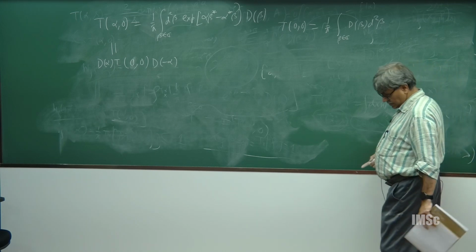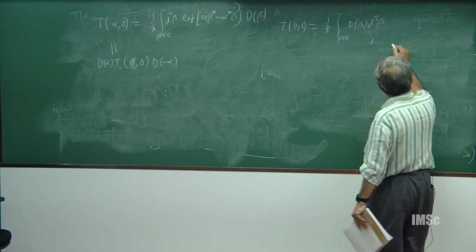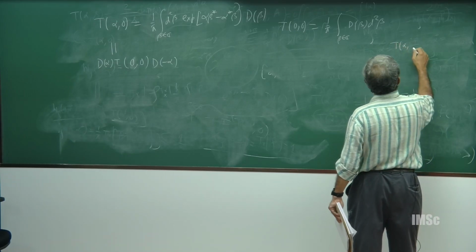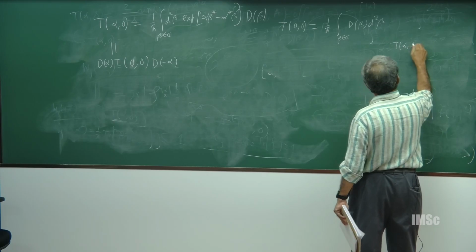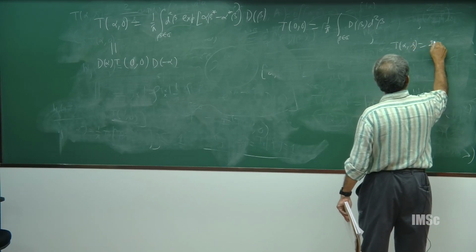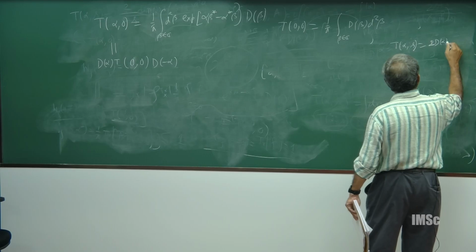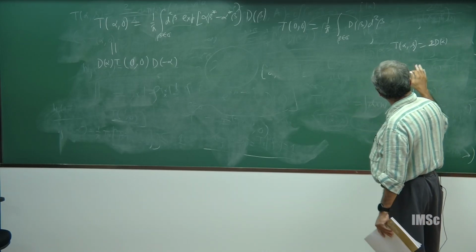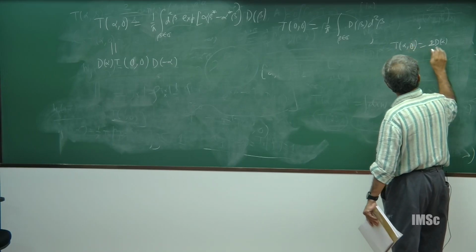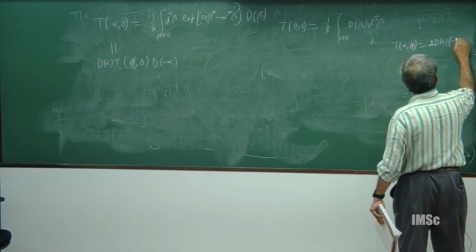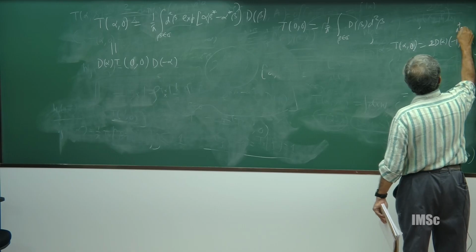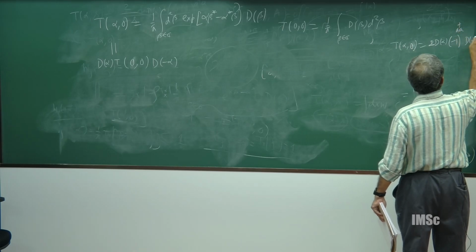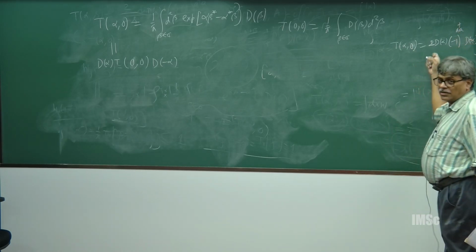What was your T alpha 0 expression? T alpha s, what was that? This is 2 times D of alpha. No, what was the expression for this? Or even you can say s is equal to 0. So this is 2 times D of alpha, minus 1 to the power a dagger a, D of minus alpha, right?